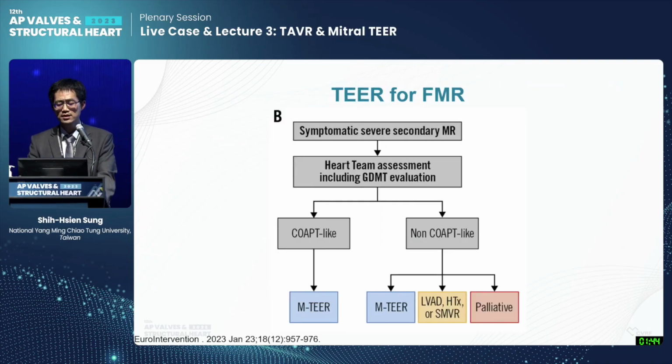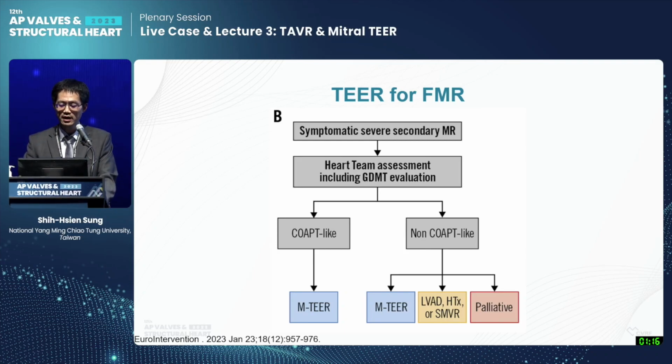So this is the recent statement from Europe, from Dr. Hausleiter. They suggest that for patients with severe symptomatic functional mitral regurgitation, if they have a COAPT-like profile, we can go for mitral TEER directly. If the patient doesn't have a COAPT-like profile, we can either go for the mitral TEER procedure or go for transplantation, LV assist device, or palliative treatment.